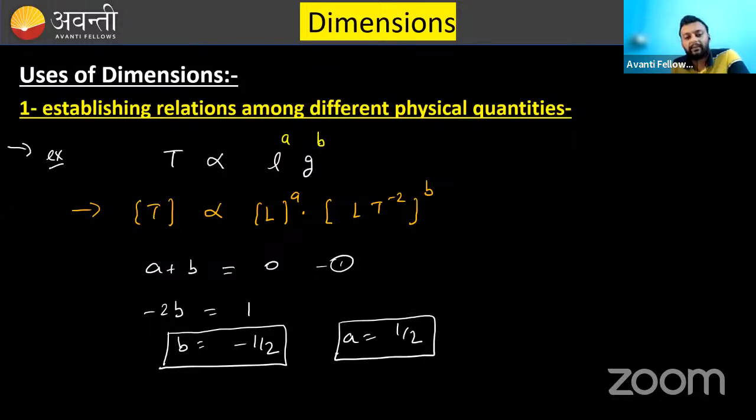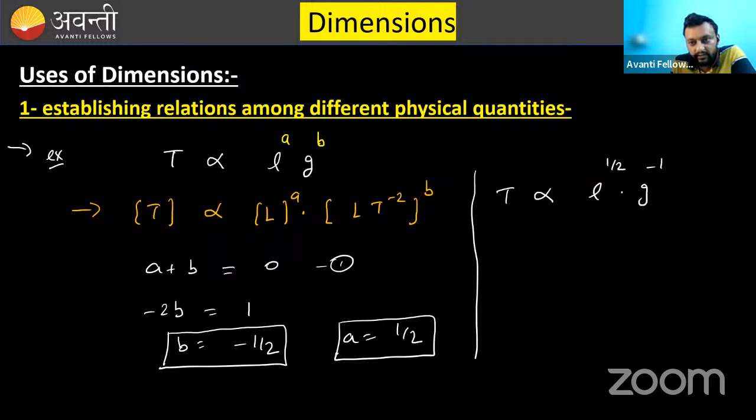Now, after calculating A and B, you need to place these values in the equation. So what is the time period? Time period is proportional to L raised to the power A, that is 1 by 2, into G raised to the power B, that is minus 1 by 2. So T is proportional to the square root of L over G. Now there is a proportionality constant.